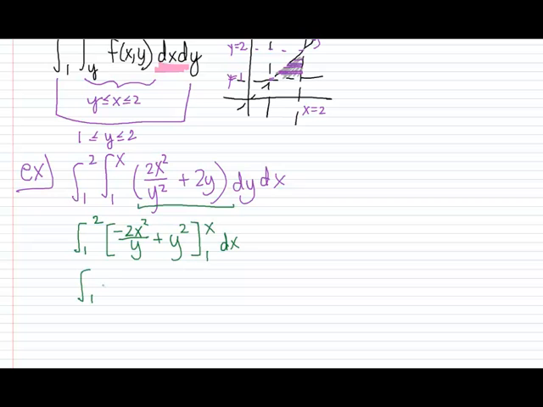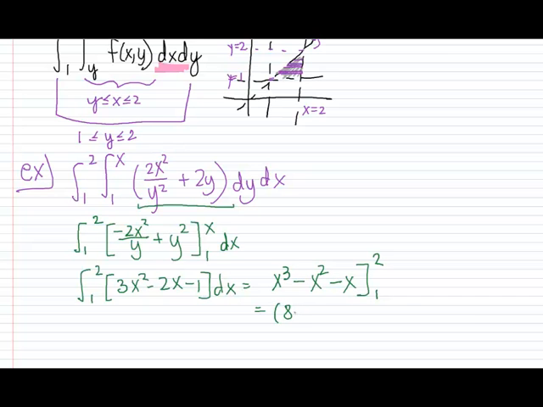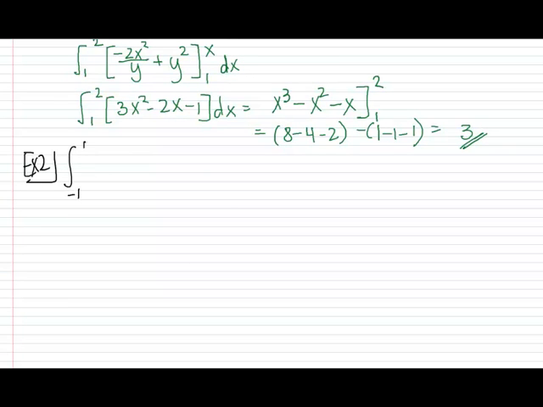From our example 2 above, we came up with 3x squared minus 2x minus 1. And from this point on, it becomes just like what you're used to, a regular integral, where this is x cubed minus x squared minus x from 1 to 2. And we just plug in our 2 and plug in our 1. And we get 3.